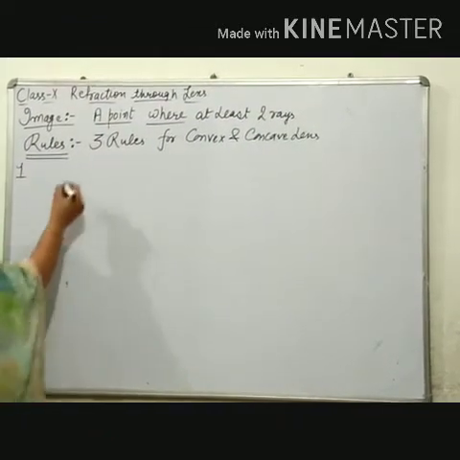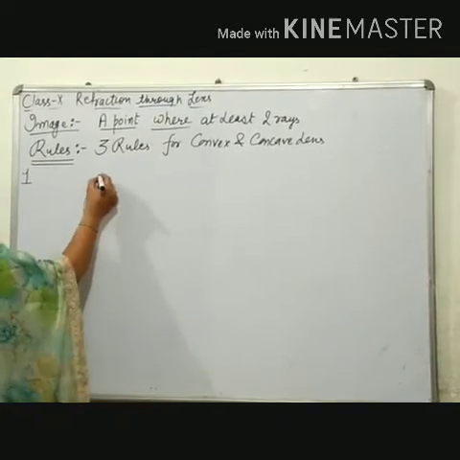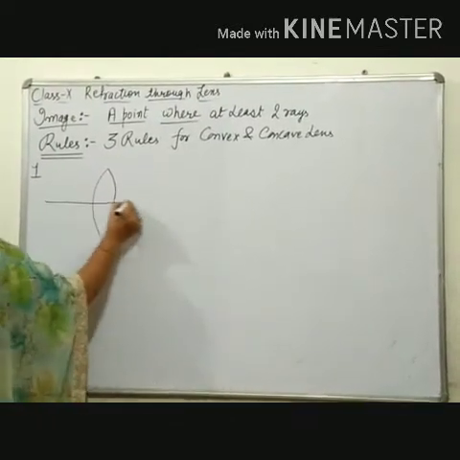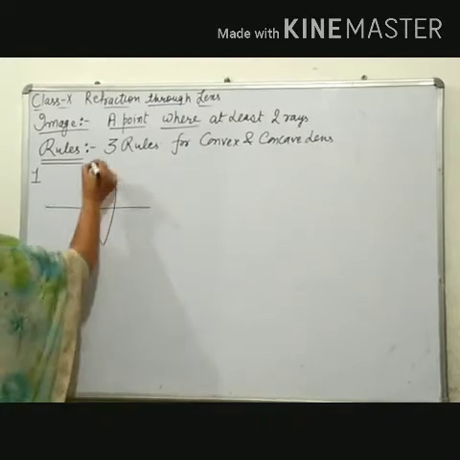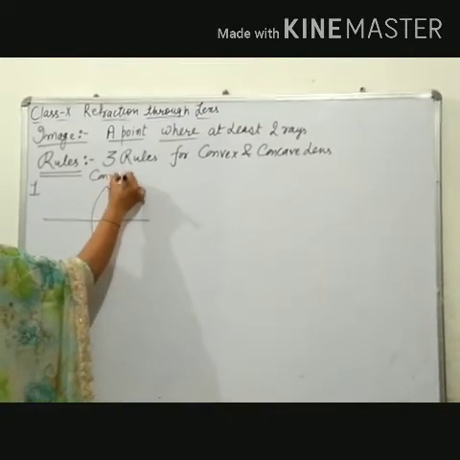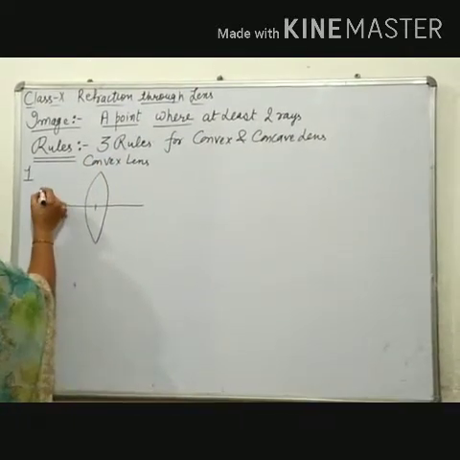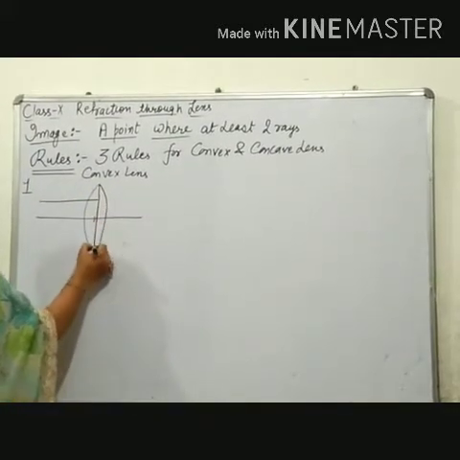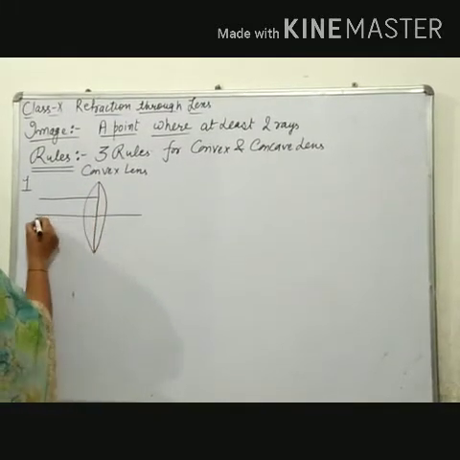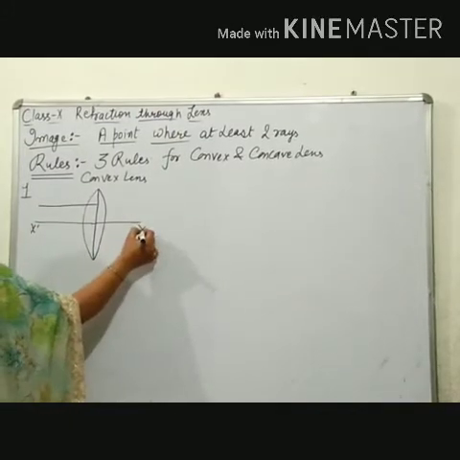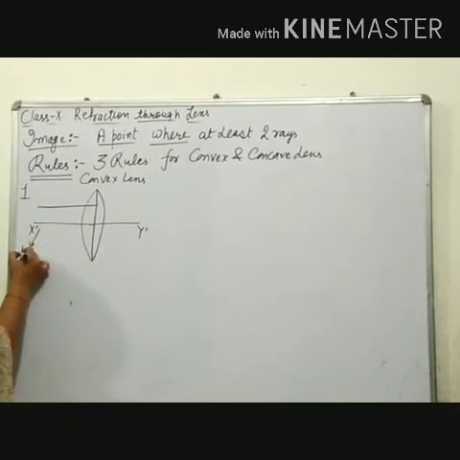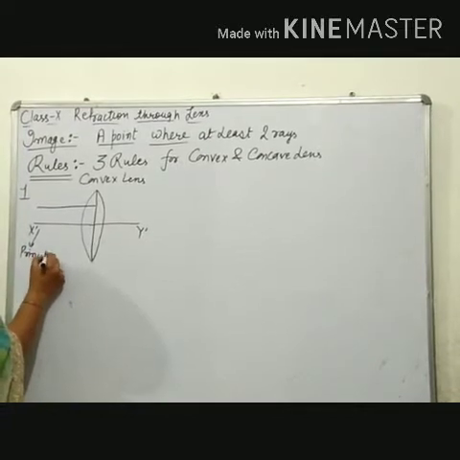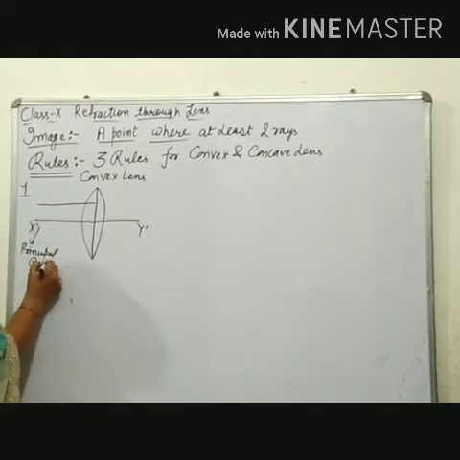First rule is that if a ray of light is parallel to the principal axis, this one is our x dash y dash. I have told you that x dash y dash represents our principal axis.